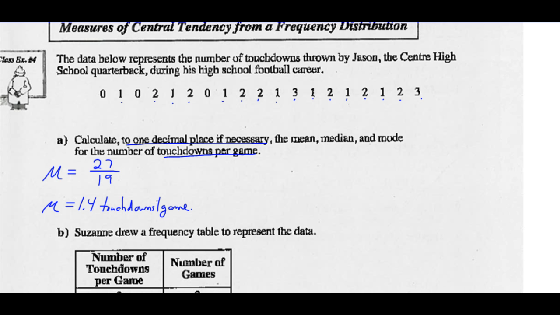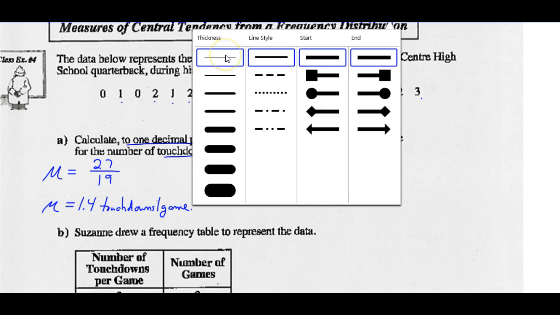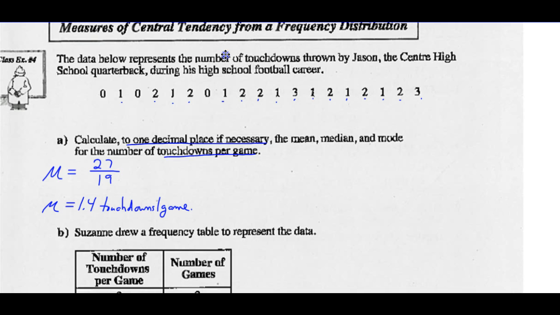If we want to figure out the median, we have to rearrange this data in some kind of order. So we will go again from lowest to highest. I have 1, 2, 3 zeros. I have 1, 2, 3, 4, 5, 6, 7 ones.